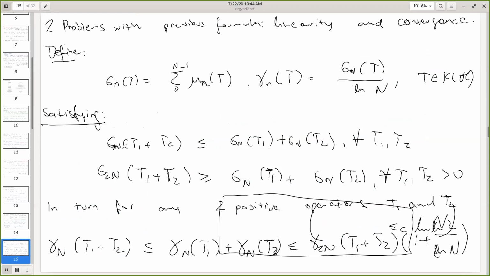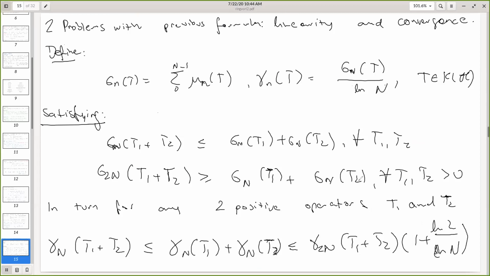So σ_n of T1 plus T2, the sums over these singular values, is less or equal than σ_n of T1 plus σ_n of T2 for all T1, T2 that are elements of the compact operators, and σ_{2n} of T1 plus T2 is greater or equal than σ_n of T1 plus σ_n of T2 for all T1, T2 that are positive.